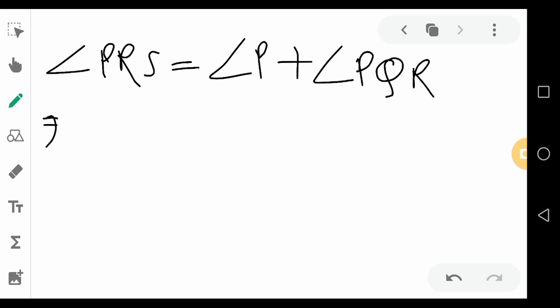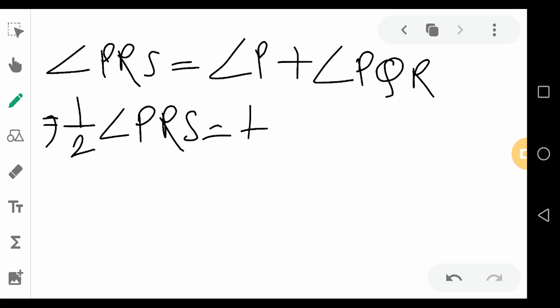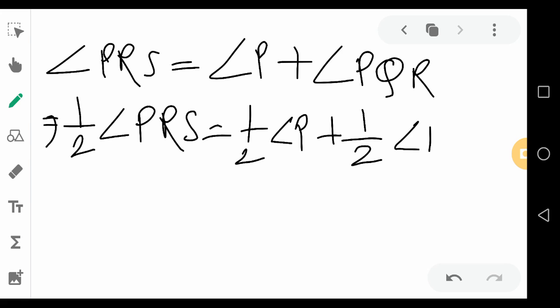Now if we multiply by 1 by 2 on both sides, then 1 by 2 PRS is equal to 1 by 2 angle P plus 1 by 2 angle PQR. Now 1 by 2 PRS, that means half of PRS, is equal to TRS, because TR is the bisector of angle PRS.